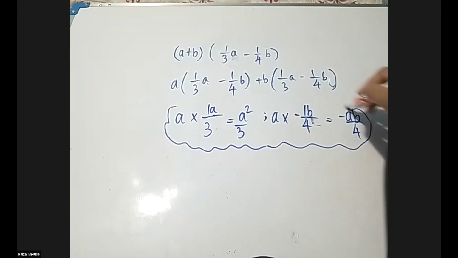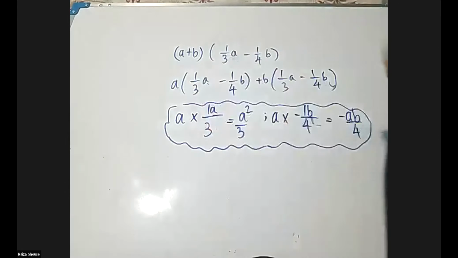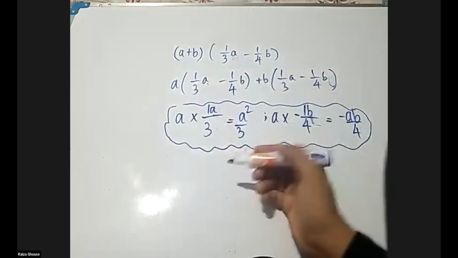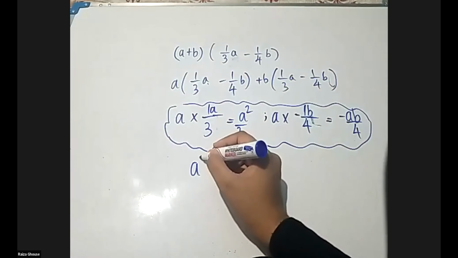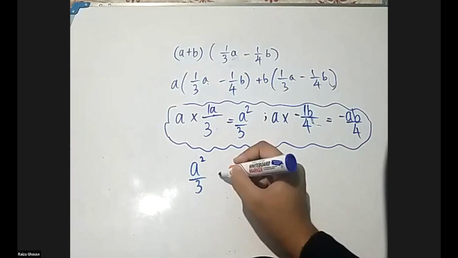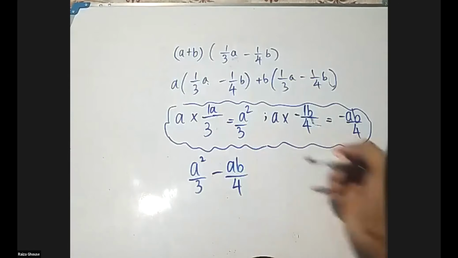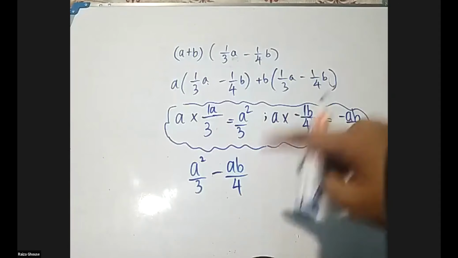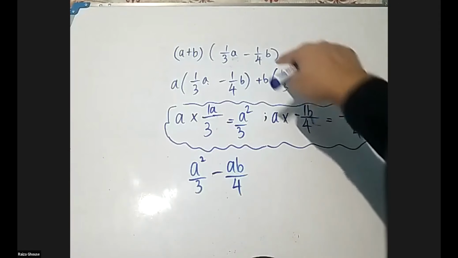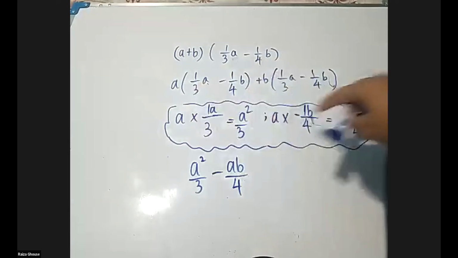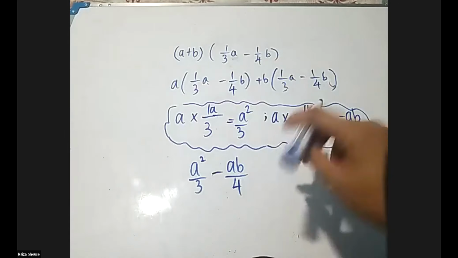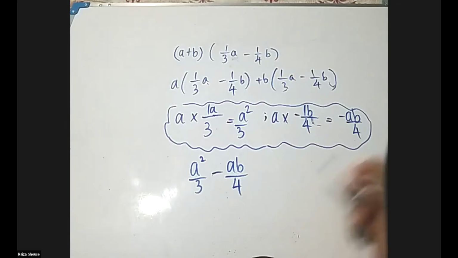Now this is the answer for this bracket. Now I'll write it here. A squared over 3 and minus AB over 4. Similarly, I want you to solve this part inside a cloud and write the answer here. Do it now. Copy down this and do it. I think you understood what I said.